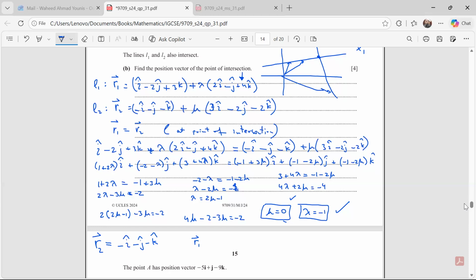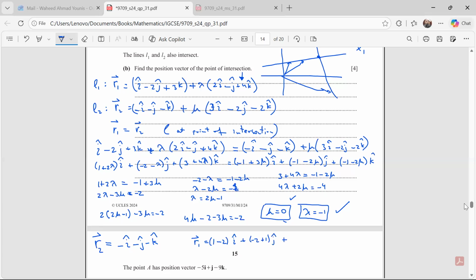So if lambda is minus 1, you can see 1 and minus 2, because minus 1 times 2 is minus 2, so this is minus i. Similarly, minus 2 and this is minus 1, so this will become minus 2 plus 1, into j.